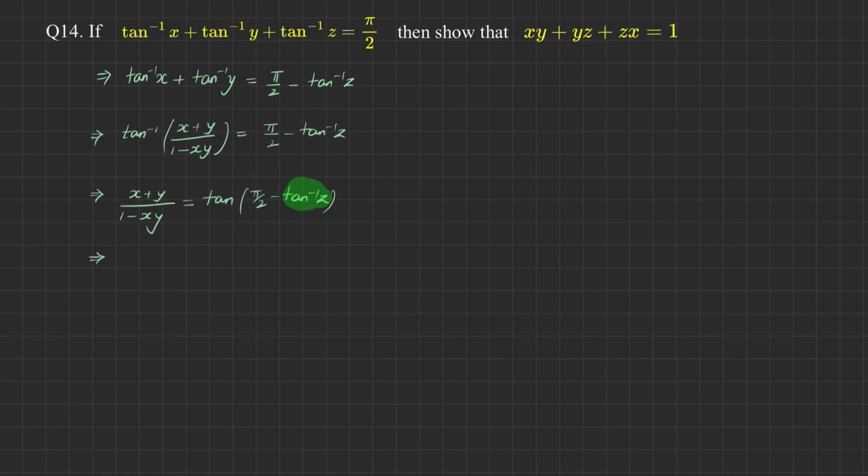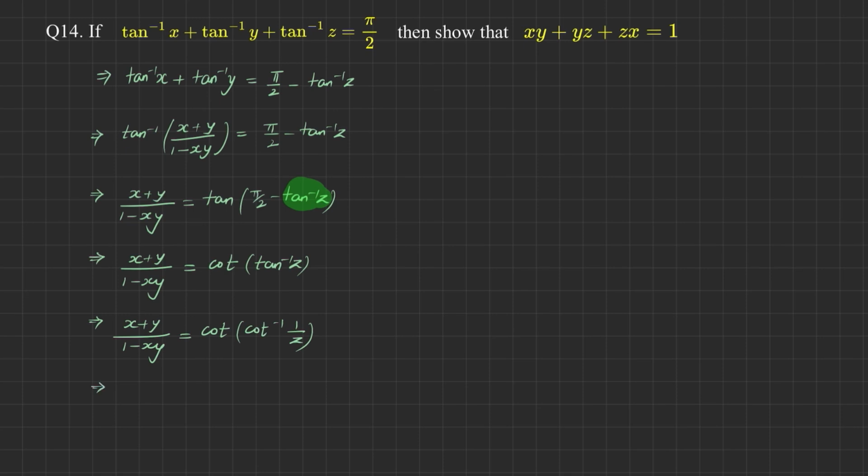So it will be (x plus y) by (1 minus xy) equals cot theta, and theta is tan inverse of z. So this implies (x plus y) over (1 minus xy) equals cot of, see, tan inverse of z can be written as cot inverse of 1 over z.